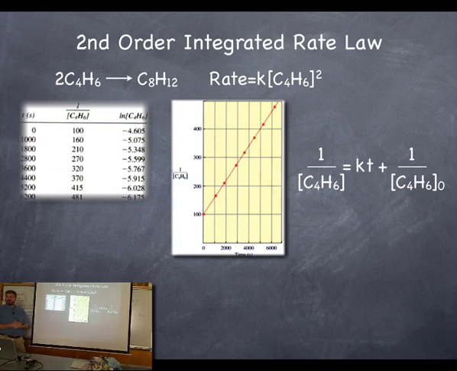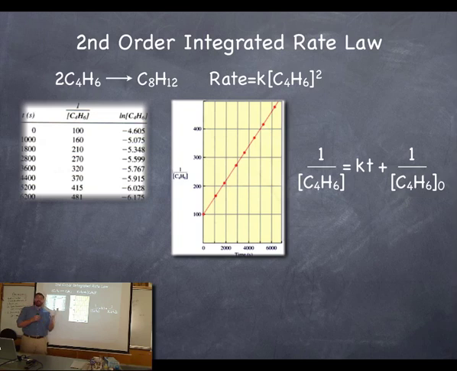No, just the inverse concentration, 1 over the concentration. So this data here, at time equals 0, the inverse of the concentration was 100, because our concentration was actually 0.01. We did 1 divided by that concentration, and that gave us this data point. Not logs, nothing like that, just inverse. For the first one, it was logs.